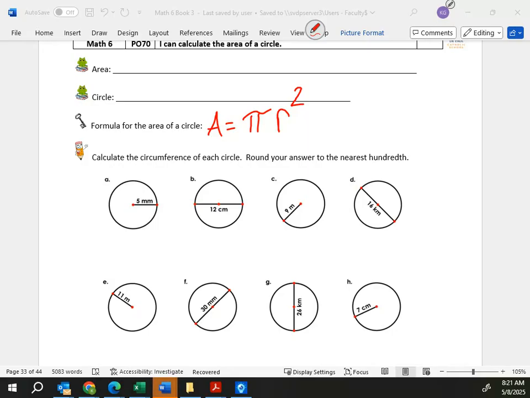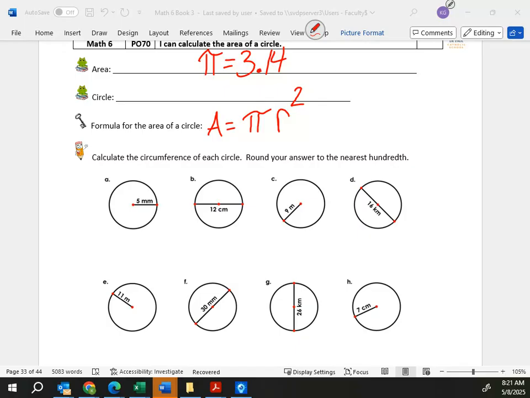So remember that squared means it's the radius times the radius. What number do we use if we're using one of my simple calculators in the back? Emma? 3.14.